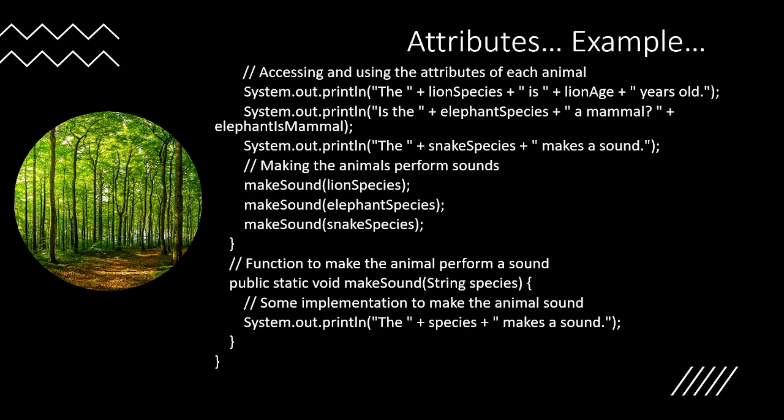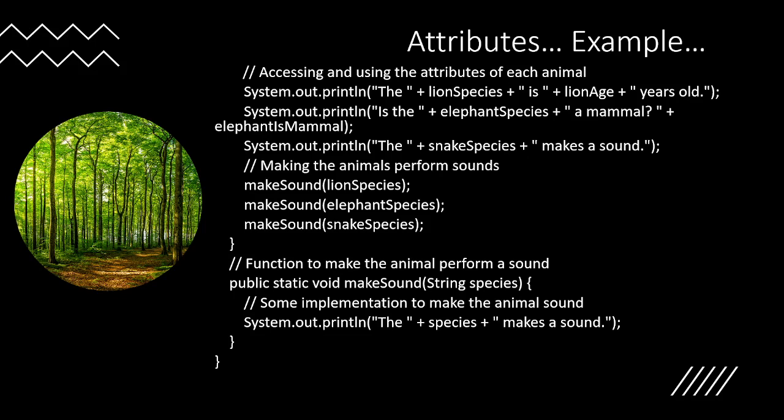Then how we access that? To access it, we have to use the variables directly, the lion species, lion age, and how old the lion is. And then we have elephant, whether it is a mammal or not. We are printing that. Then snake, then we print that, and then we have methods like make sound.